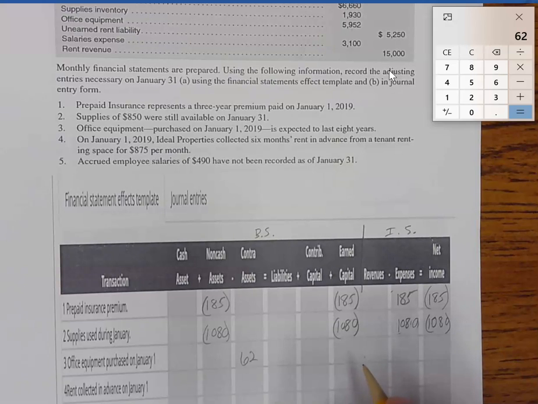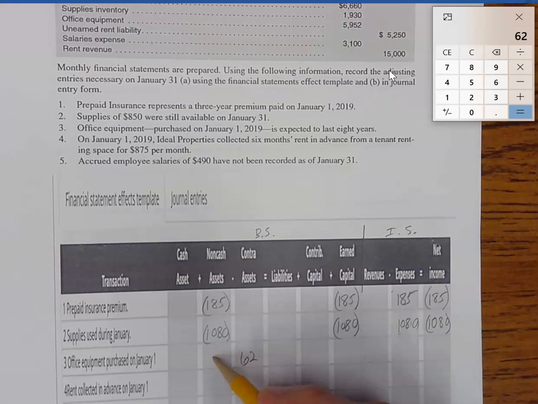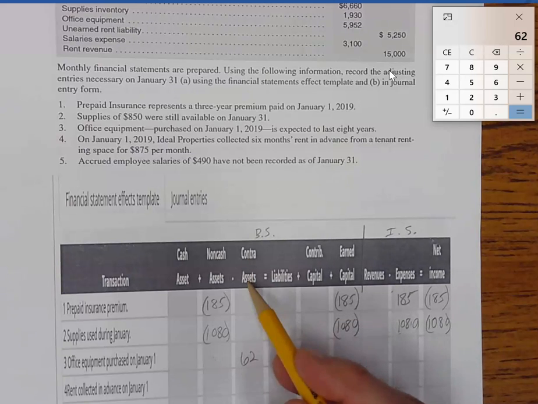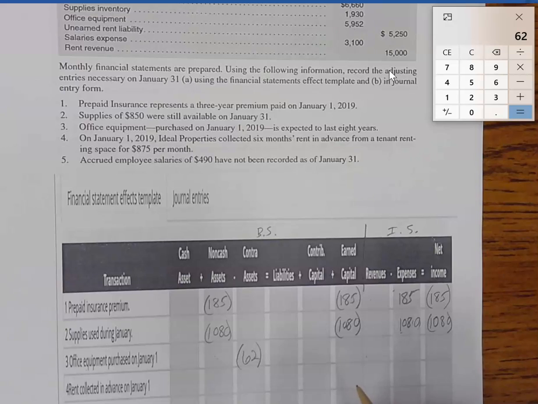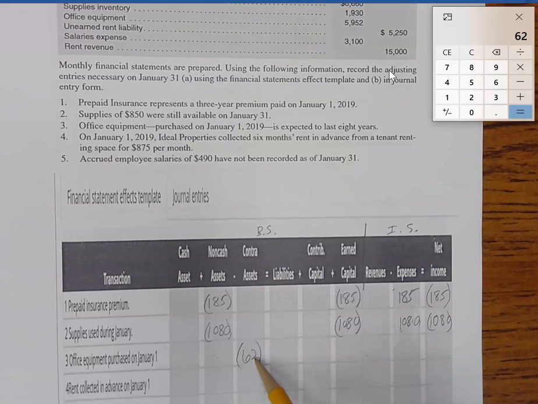Okay, now we don't have a non-cash or cash asset that has gone down, but contra assets, they work opposite of a regular asset. So pay attention if you have this question. Pay attention to the instructions. I'm going to enter this as a negative, which for a contra asset or an adjustment account, we have to reverse our thinking. The contra asset went up by $62.